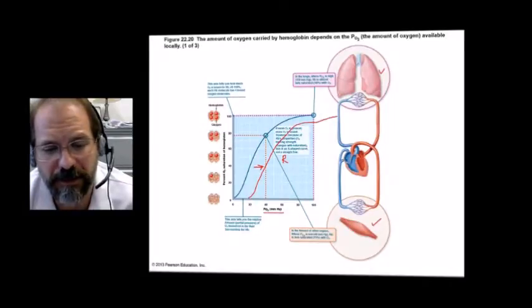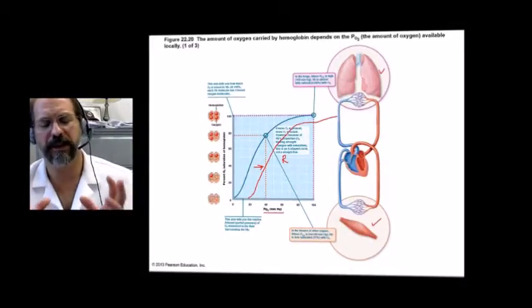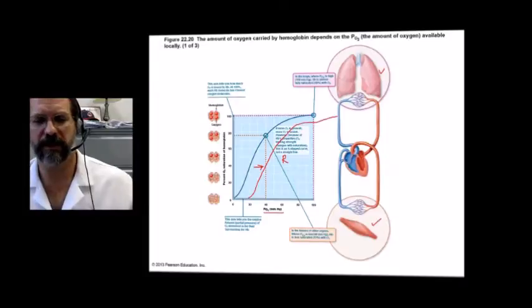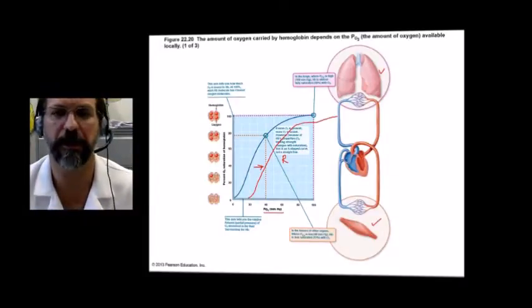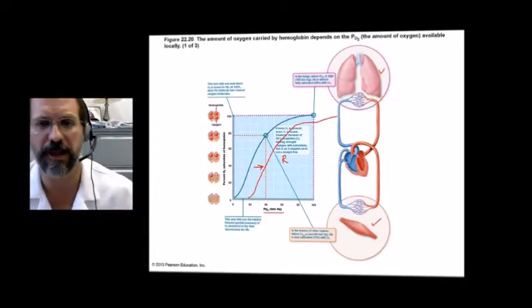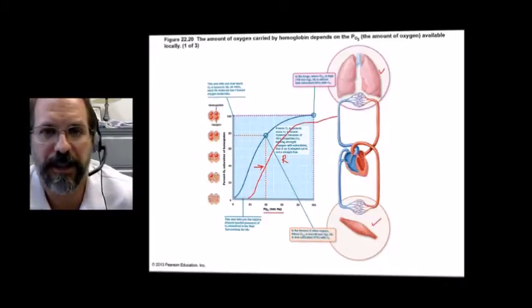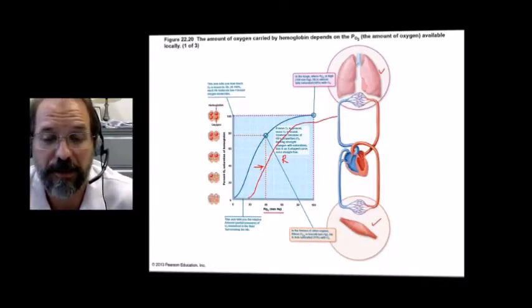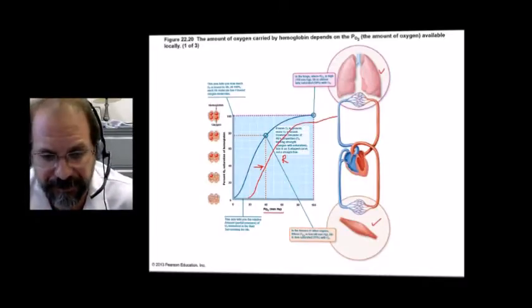So an increase in temperature is one of the things that shifts the curve to the right. And when you want to understand mechanistically what's going on here, these are factors that alter the shape of the hemoglobin. And by altering the shape of the hemoglobin, we change its affinity for oxygen. So temperature causes the hemoglobin to relax a little bit, and it favors the unloading of oxygen.